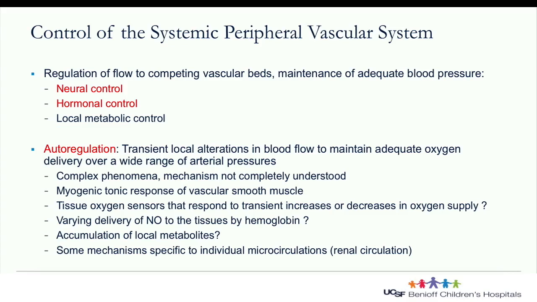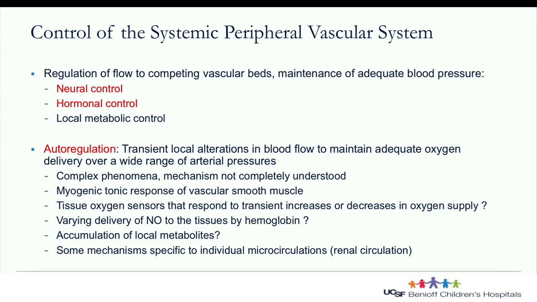So transient local alterations in blood flow to maintain adequate oxygen delivery despite a changing blood pressure. This is a pretty complex phenomenon, and the mechanism is not perfectly understood. It's thought to be related to vascular tone changes in response to tissue oxygen delivery.